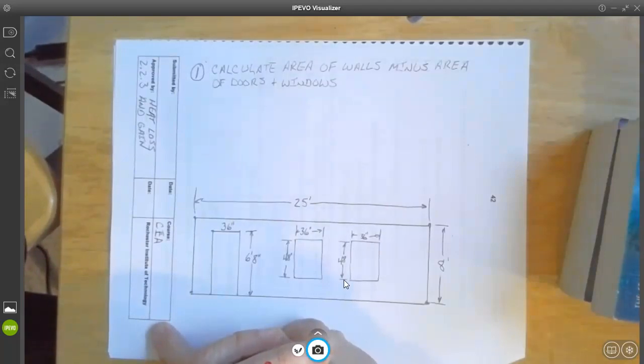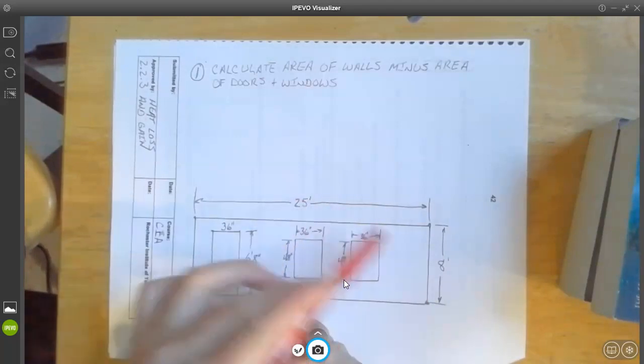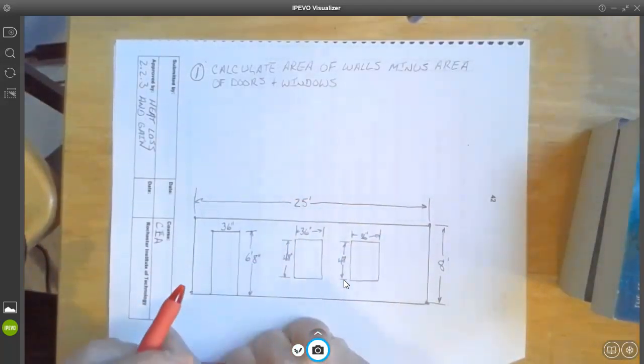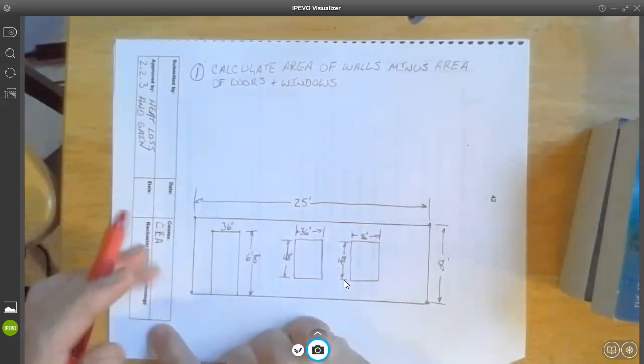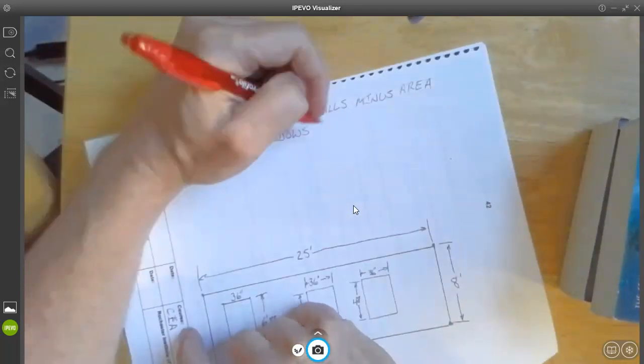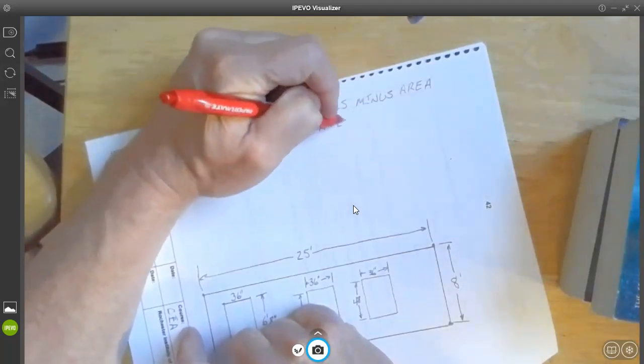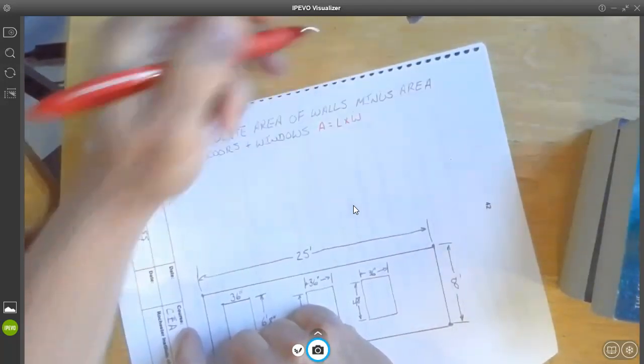So the first thing is we need to know the area of the overall wall. Now the overall wall, and this is a simple calculation, the area, so area is equal to length times width.